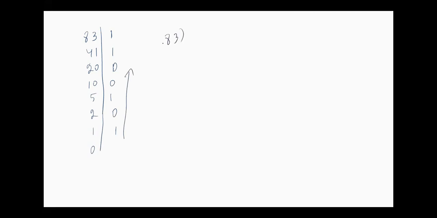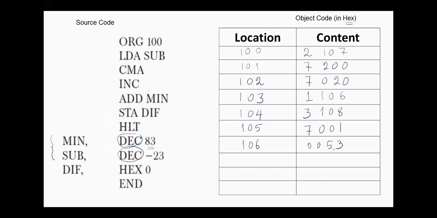So 83 in decimal equals 1010011 in binary. And in hexadecimal, we have 5 and 3. So we'll have 53 in hexadecimal.